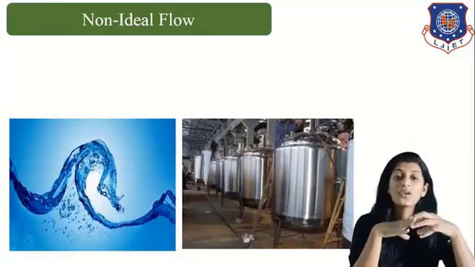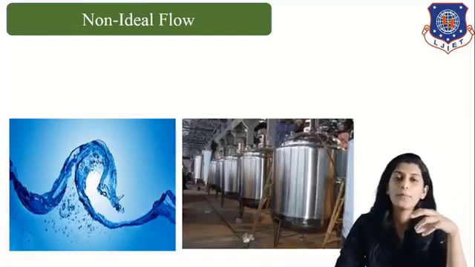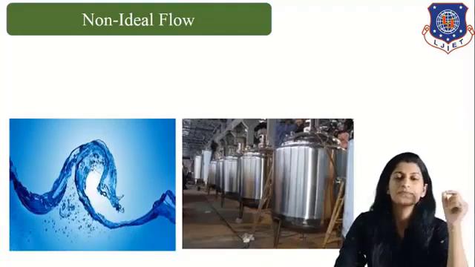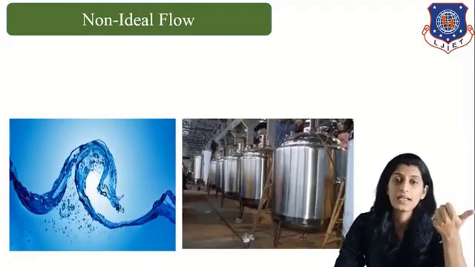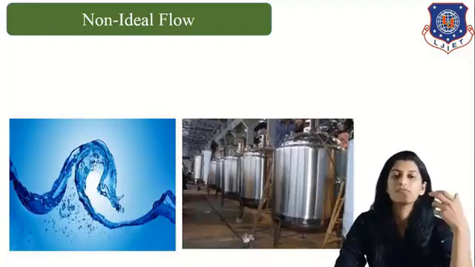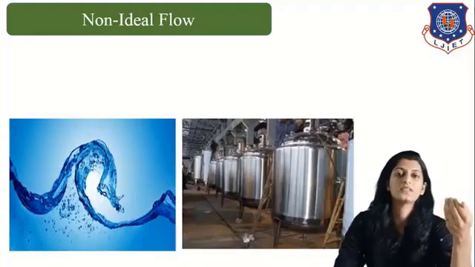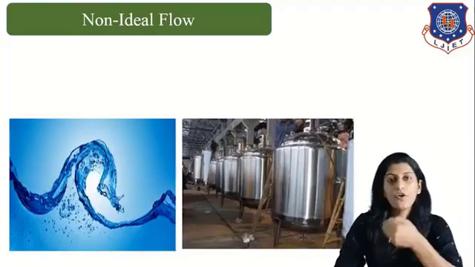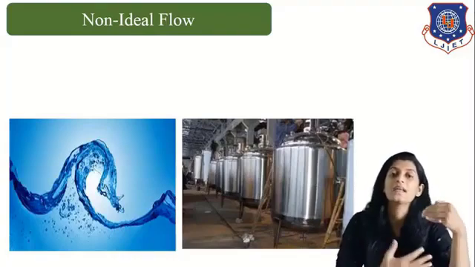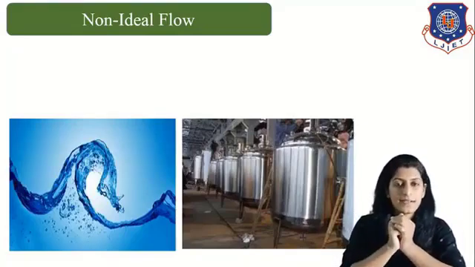It is generally because of some unwanted behavior, which might include short circuiting, channeling, or other parameters which affect our flow patterns, ultimately causing ideal flow, which is considered to be either plug flow or mixed flow, to deviate from ideality and show non-ideal patterns.